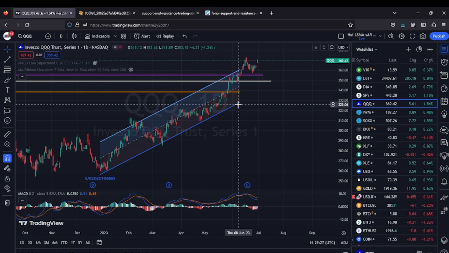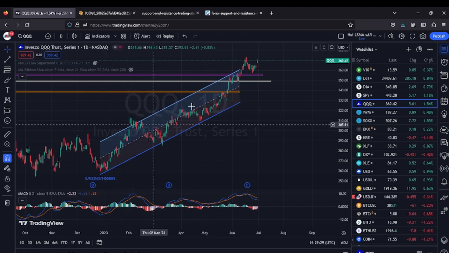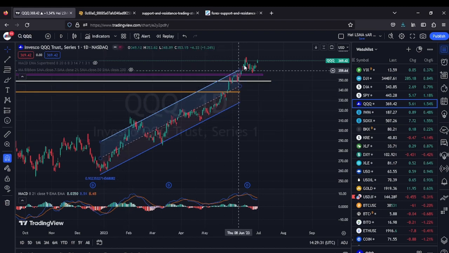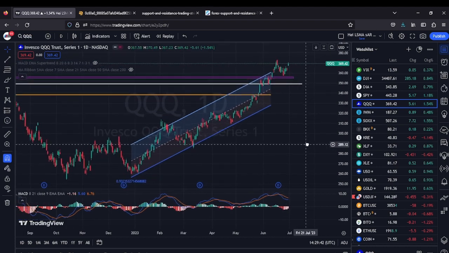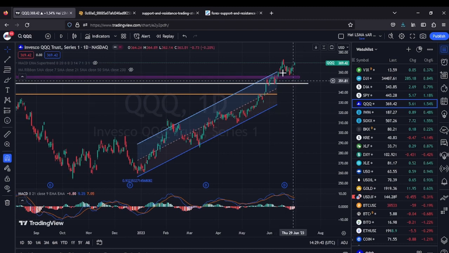And then there's this kind of resistance line, and it broke through, but it was subtractive. I don't want to play the breakout on this. Actually, I want to play the retracement. This is a really good example. Right here is a really good buying point.